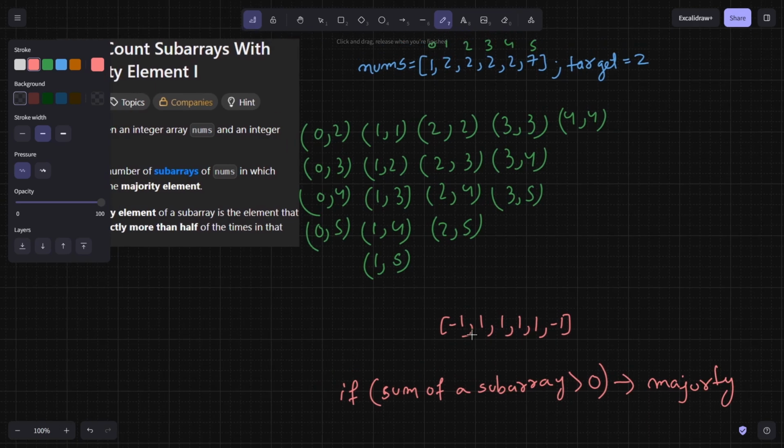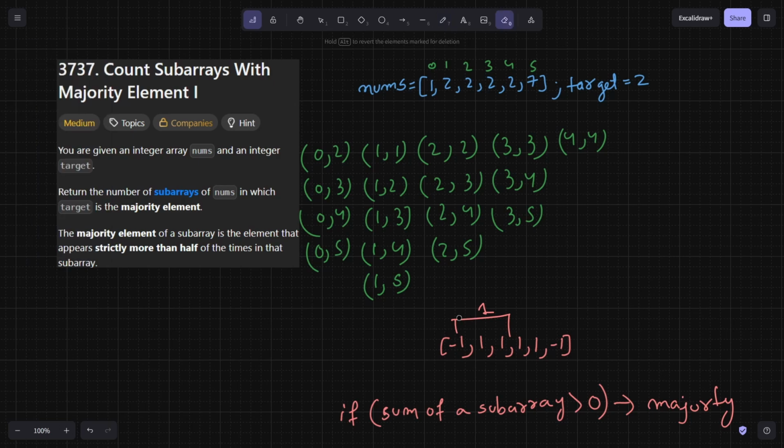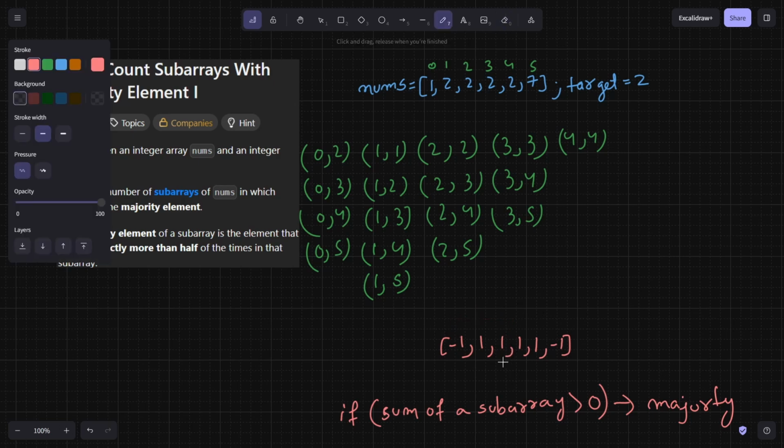Why I'm saying this is because if we consider a subarray where the sum is equal to 1, then 1 and -1 cancel out and it remains with 1. So target and non-target got canceled out and it remains with a target. So here it's a subarray with majority elements.